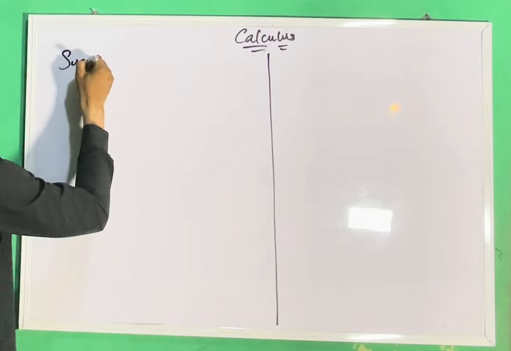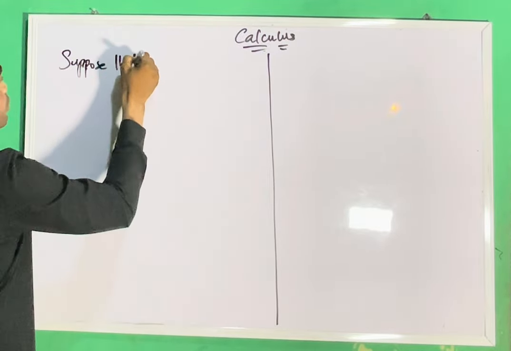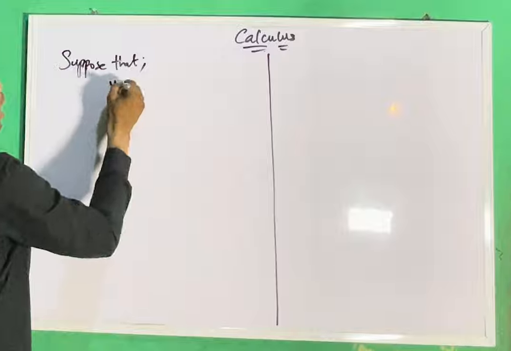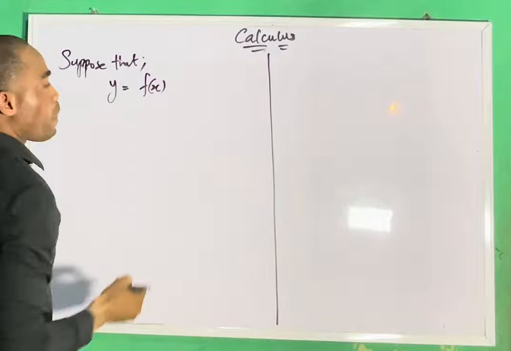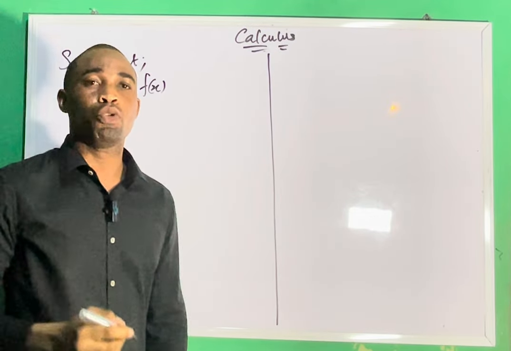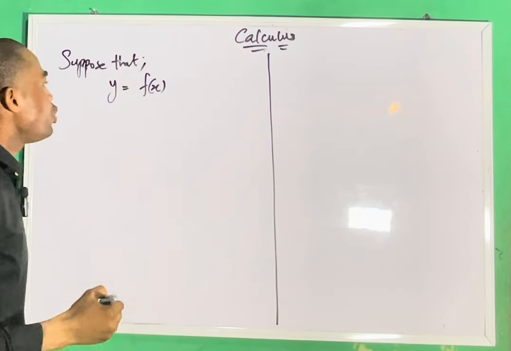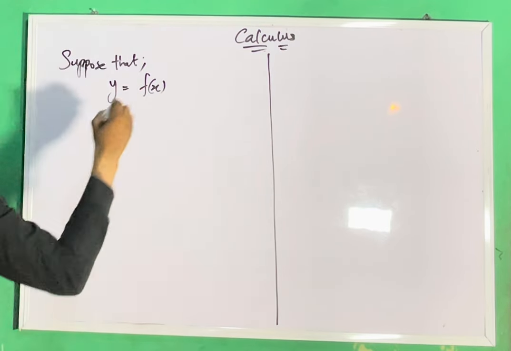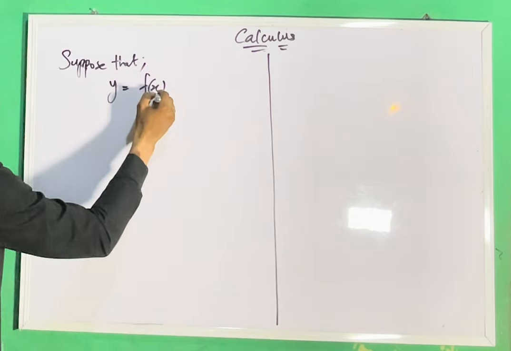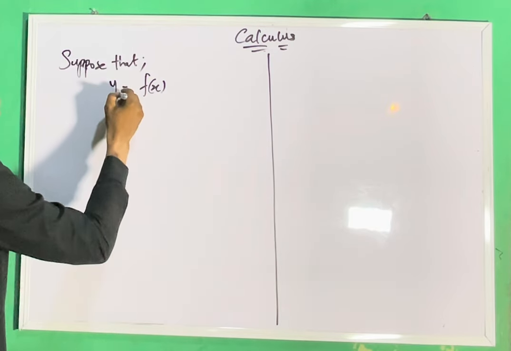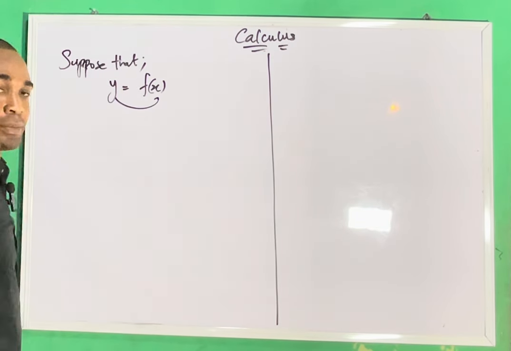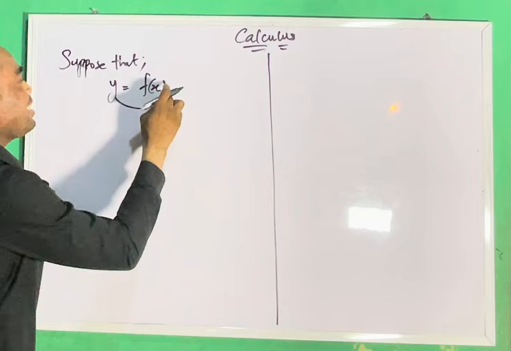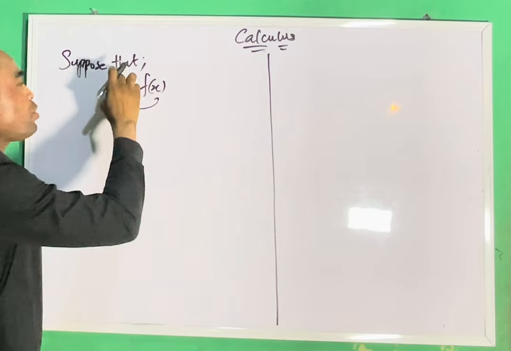Suppose that y equals a function of x, and we want to solve this using first principle. So the first thing is y depends on x. So that means any change in x will lead to a change in y.